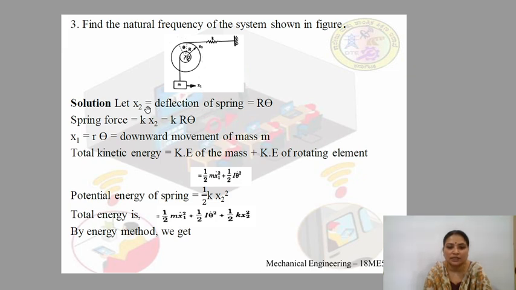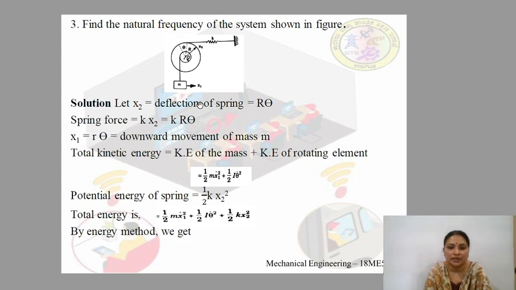Now let us consider x2 is the deflection of the spring, that is R into theta, and spring force is nothing but k into x, whatever we used to write in the previous discussions, but here it is x2. Therefore the spring has a force of k x2, which is nothing but, as discussed, x equals R theta.